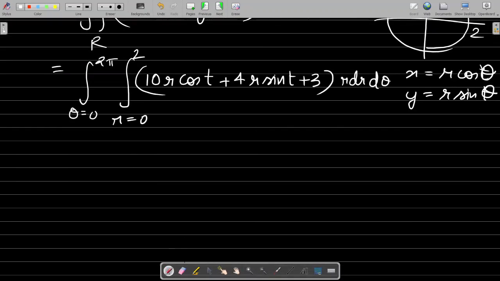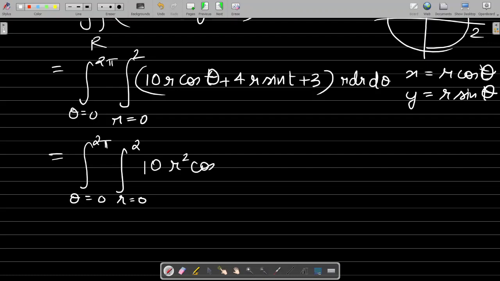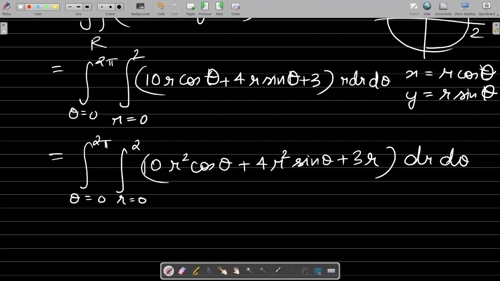Okay, so this is equal to theta from 0 to 2 pi, and r equal to 0 to 2, you are having 10 r square cos theta plus 4 r square sin theta plus 3r, then dr d theta.